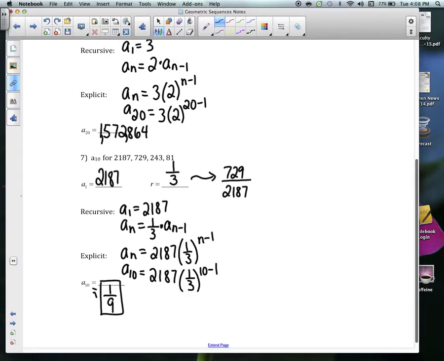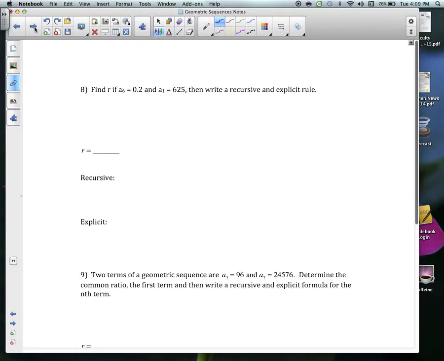Okay, so just like with arithmetic, those are the easier ones. You're given pretty much all the information you need to plug in. Now we're going to get into some harder ones where we have to find missing values. So we're given A6 and we're given A1, and we want to find the R value.